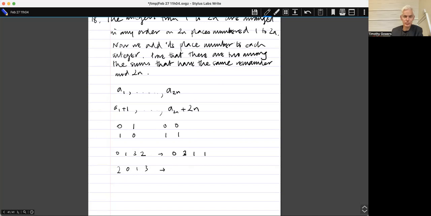So I'll get, instead of 0, 2, 1, 1, I'll get 1, 3, 2, 2. So it ends up cyclically permuting the answer and adding 1 to it. So that's sort of potentially interesting.